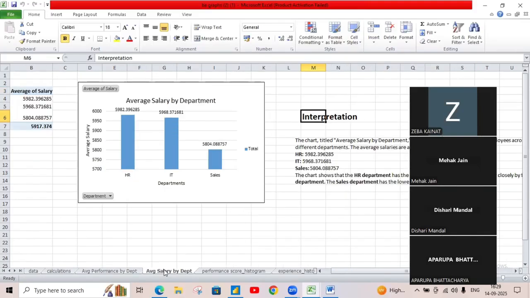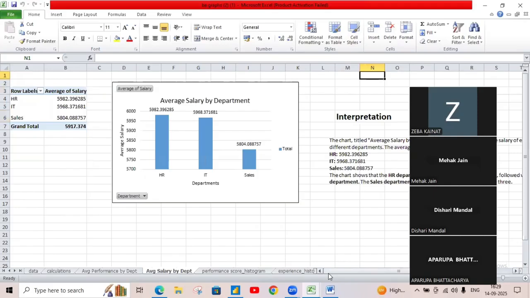So in this graph, we have used a column chart to show the average salary by department. The salary comparison shows that HR employees earn an average of 5,982 and IT employees average 5,968.